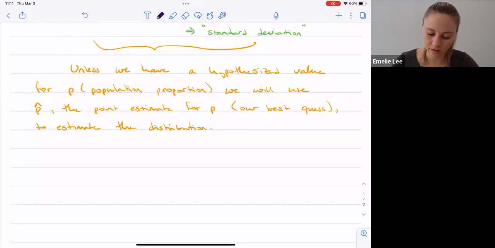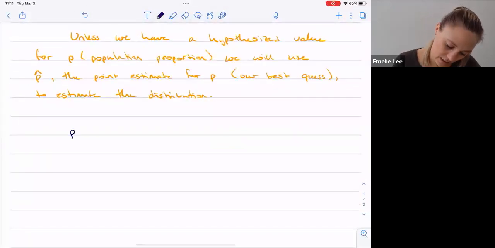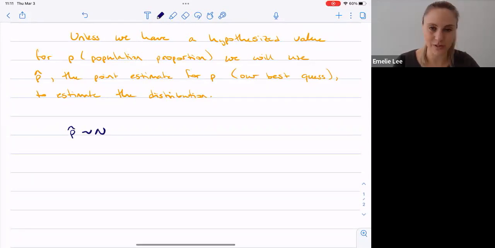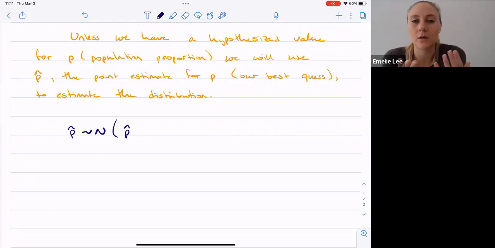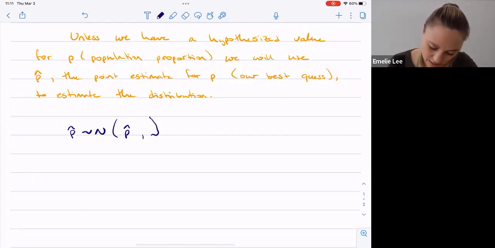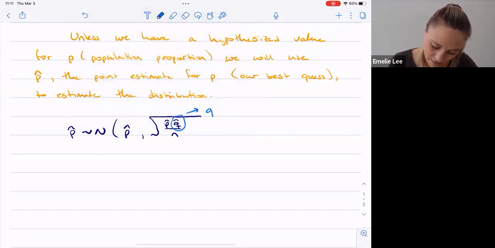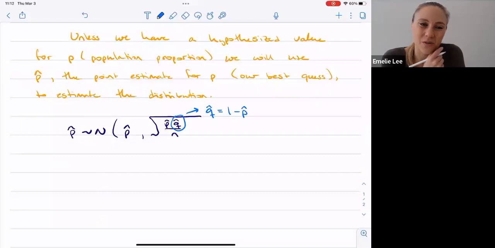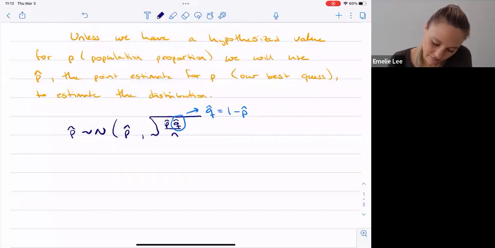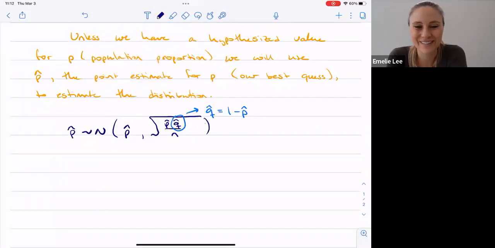So then what we're saying is that p hat follows a normal distribution that's going to be centered on p hat. There's no reason to think that it wouldn't be centered there. It's our best guess, right? But it's going to have some spread of p hat q hat over n, right? So notice how I'm cleaning this up a little bit, and q hat is just 1 minus p hat. We've seen that notation before in the binomial, so I'm not afraid to use that notation.